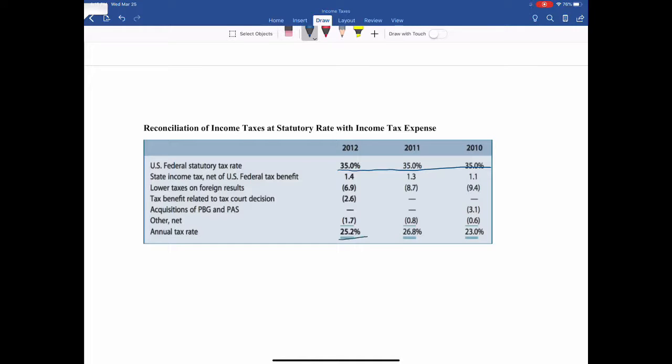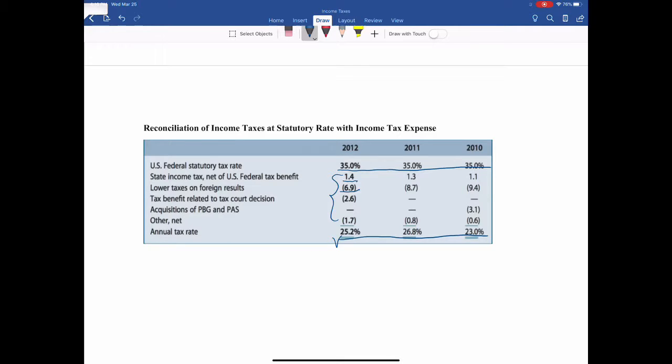And this is the effective tax rate. The items in the middle represent the reconciliation. In 2012, why did this firm pay only 25 but not 35? Because its foreign subsidiaries reduced its tax rate by 7%. State income tax increased the overall tax rate.